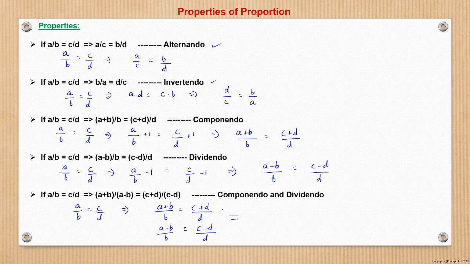Now from these two equations, if I divide the two equations, I can write (A plus B) by (A minus B) is equal to (C plus D) by (C minus D). Right, this is known as componendo dividendo, componendo and dividendo.